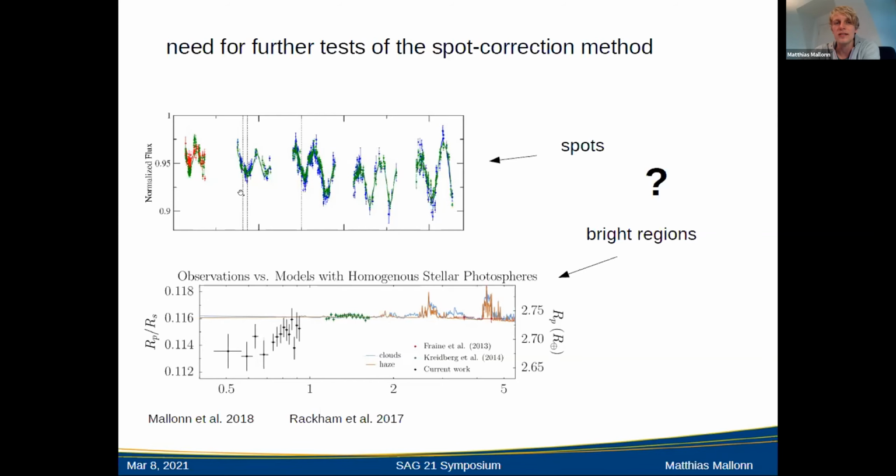But this is something that was pretty interesting when we looked at our monitoring light curve, because the three transits, marked here with dashed lines, all happened at a rather dark time of the host star, and our light curve inversion tool did not give any indication of faculae.